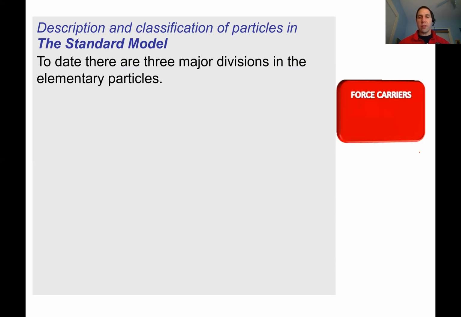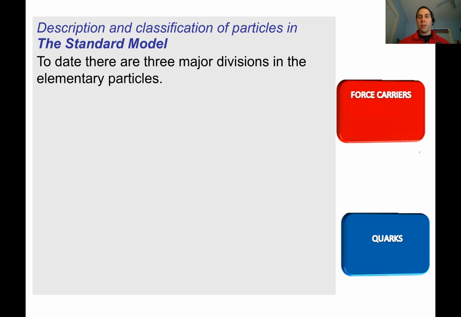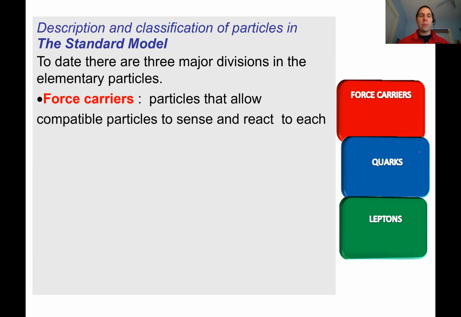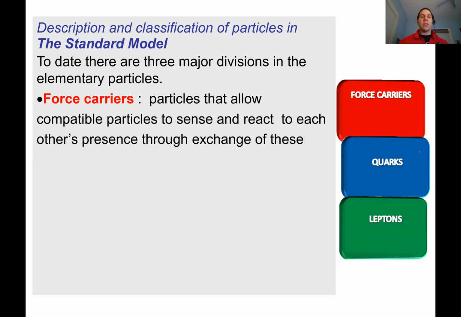The three major divisions are force carriers, quarks, and leptons. The force carriers are the particles that allow compatible particles to sense and react to each other, by exerting some sort of force on one another.